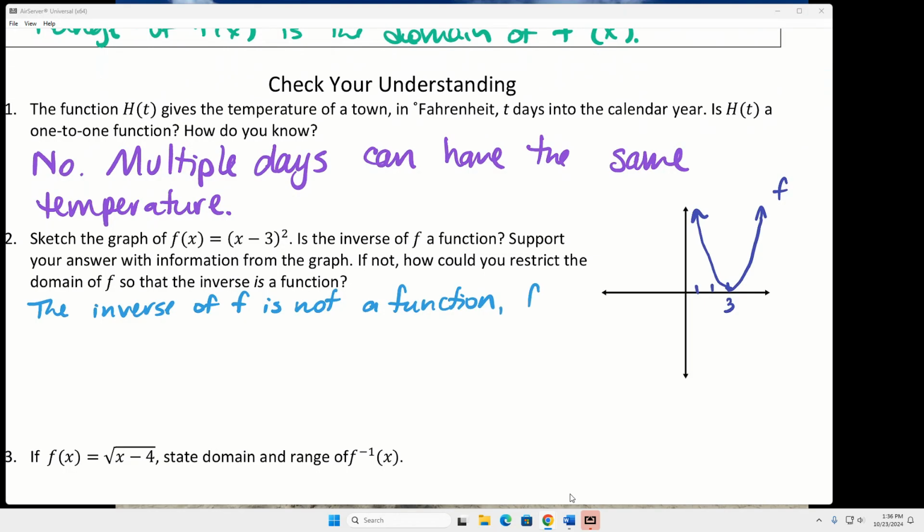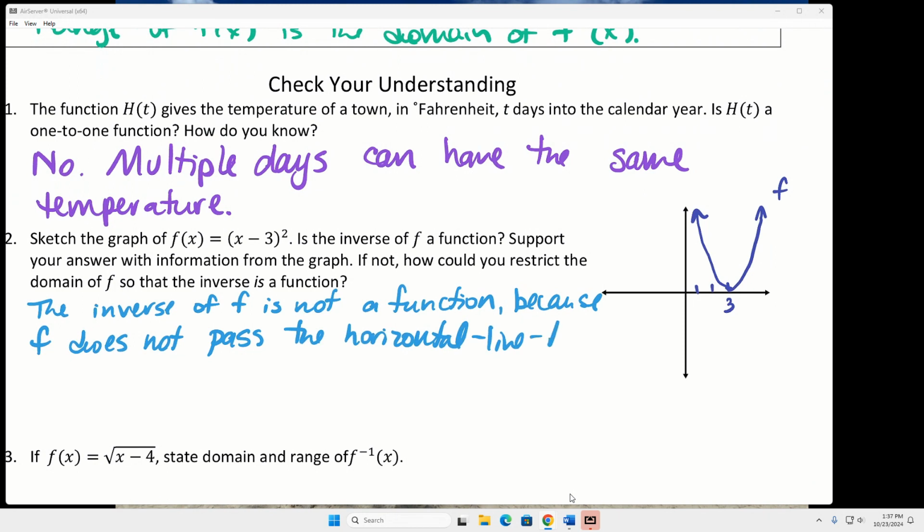So, because f does not pass the horizontal line test. So asking, is the inverse of f a function, is the same thing as asking, is f 1 to 1?